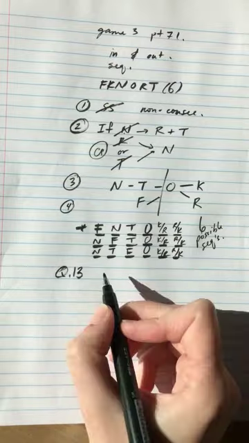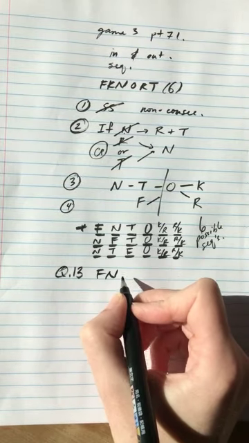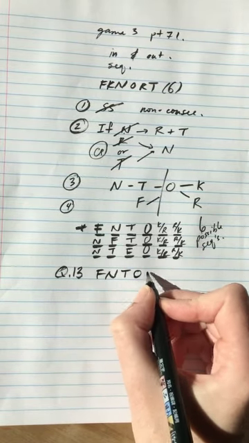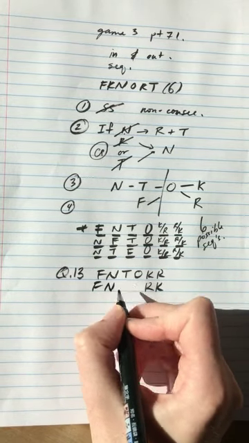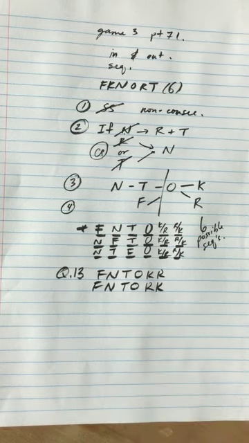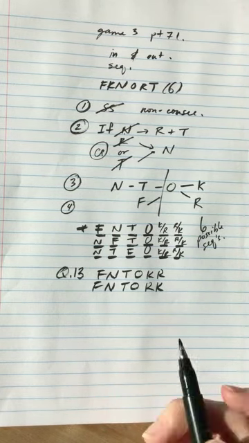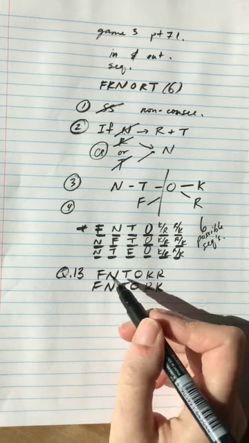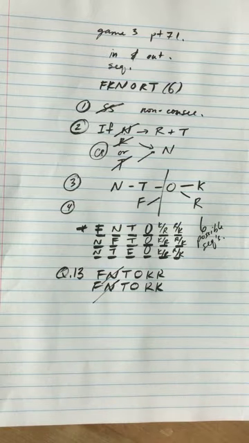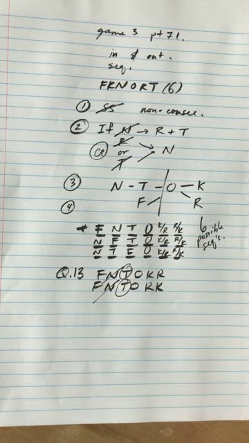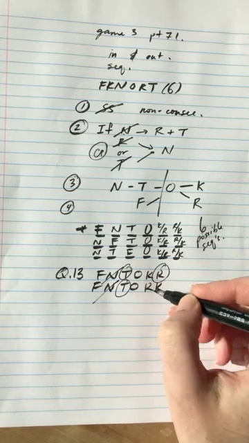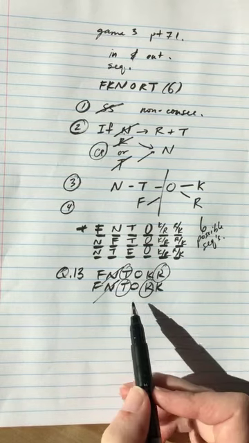Now, if N is second and it's not summarized, R and T must be summarized. So we would have F, N, T, O, K, R, or the same thing, but R and K are switched. And if we know that N is not summarized, we know that T is summarized, and we also know that R is summarized.